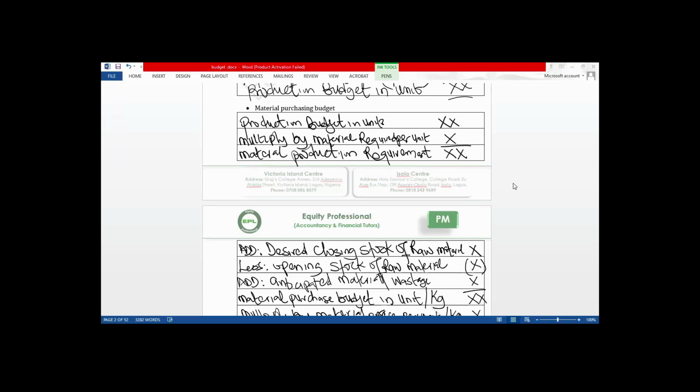We have explained sales budget, production budget, material purchase budget. Next, you can also have expenditure budget, maybe labor budget and what have you. But that is not very common.